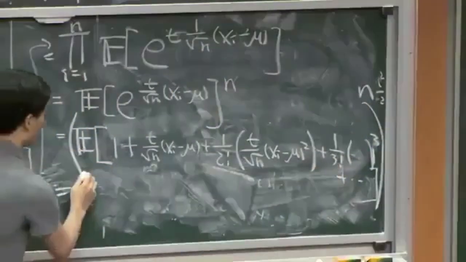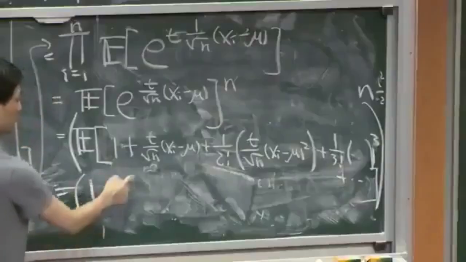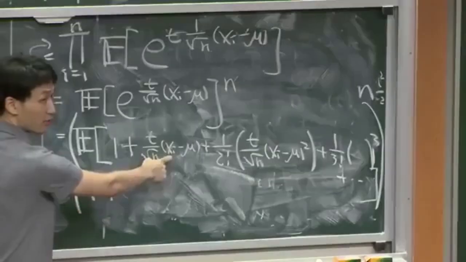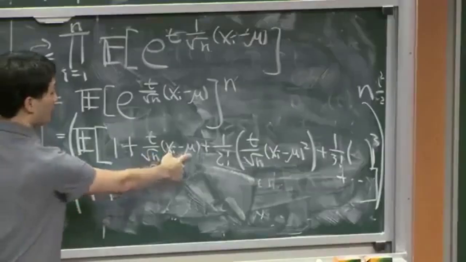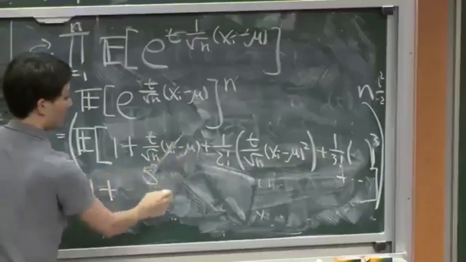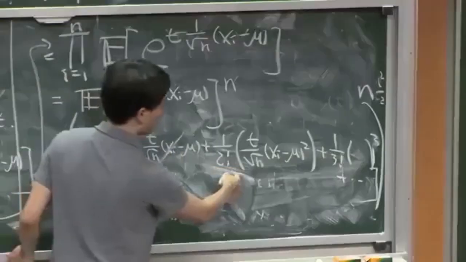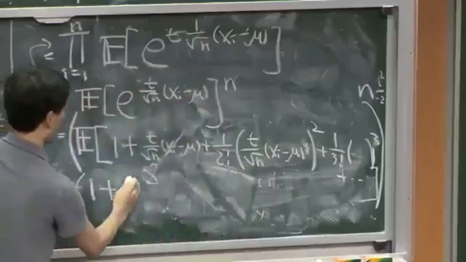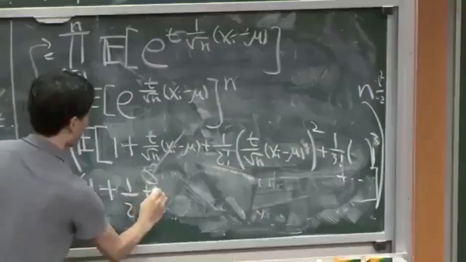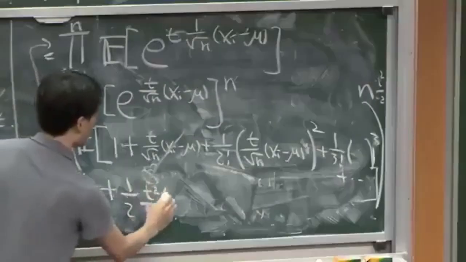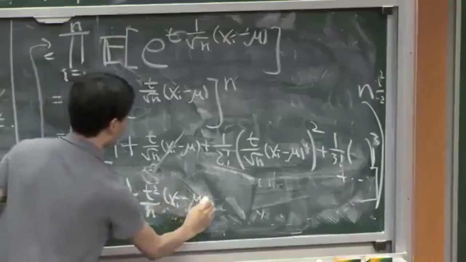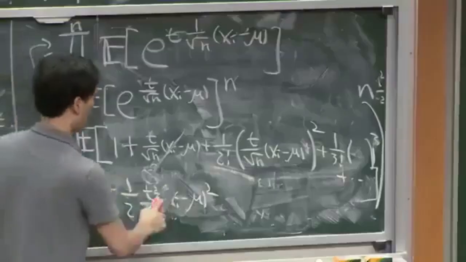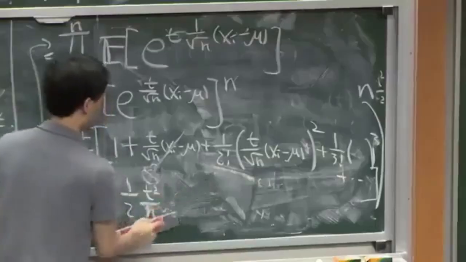By linearity of expectation, 1 comes out. The second term is 0 because Xi have mean mu. So that disappears. This term, we have 1 over 2, t squared over n, Xi minus mu squared. Xi minus mu squared, when you take expectation, that will be sigma squared.